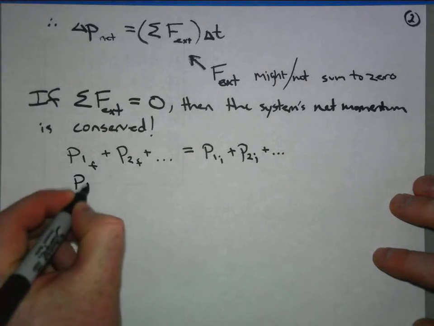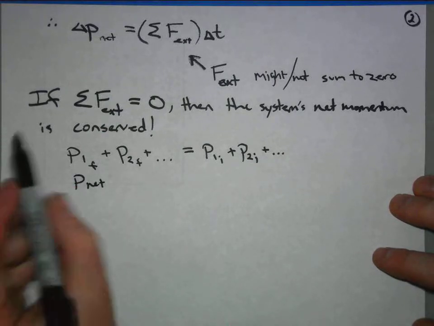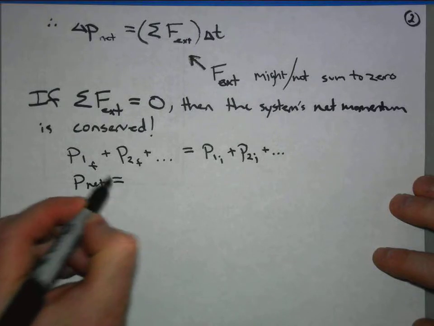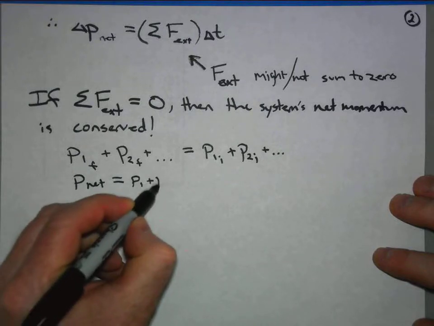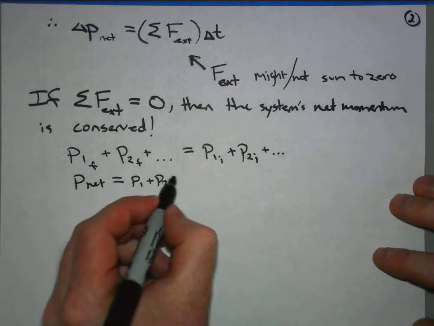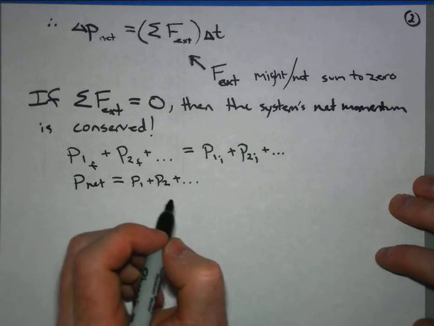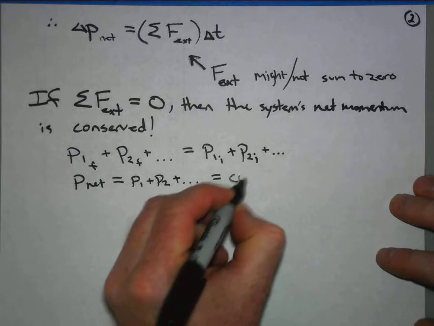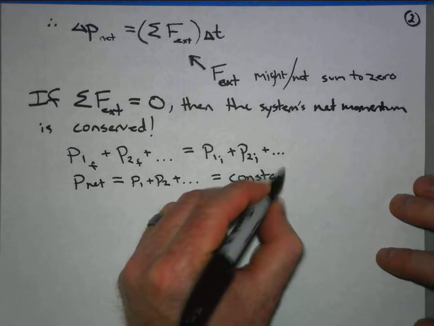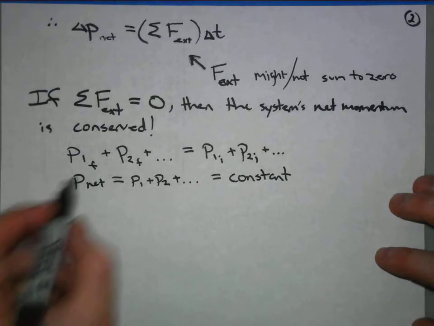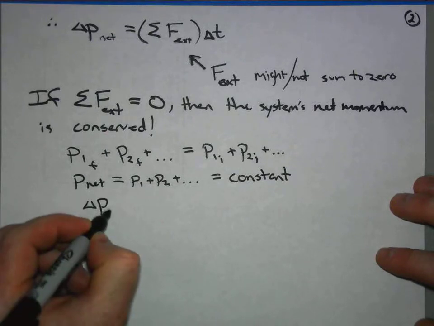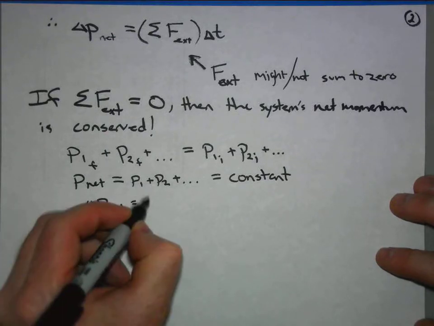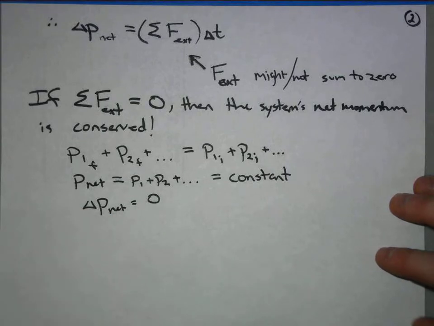Another way to look at this is net momentum, which is equal to the sum of all individual momenta, however many parts there are. The value of this is going to be constant. No change. We could also write it as: the change in net momentum of the whole system is 0. No change.